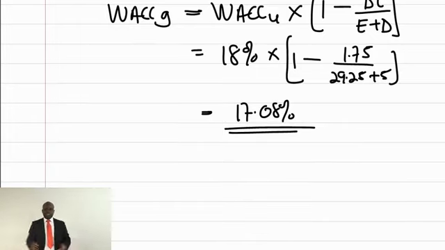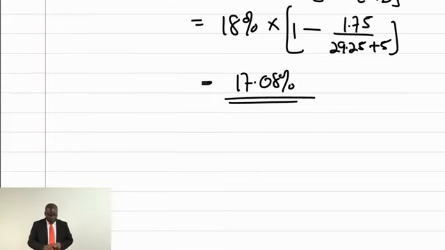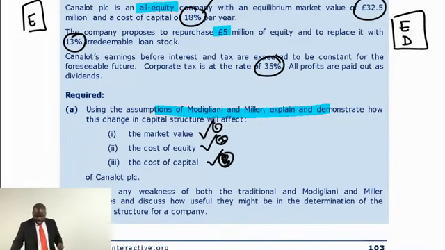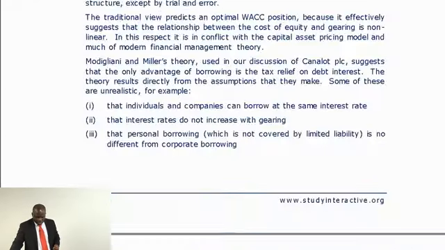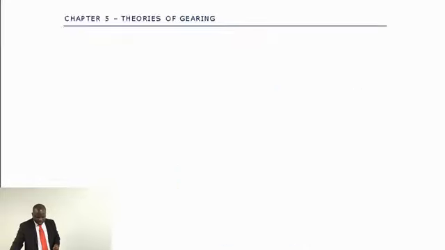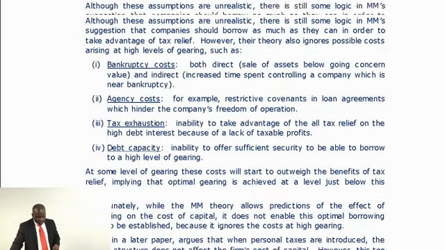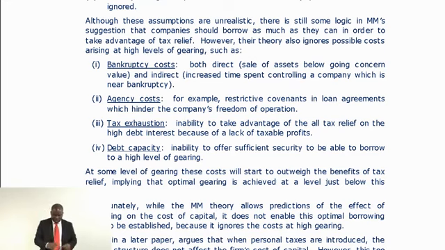So this is how we will calculate using Miller and Modigliani. Obviously, the limitations of Miller and Modigliani are the assumptions, such as bankruptcy costs and all those problems that we know. Okay, so you can have a look at them. That's exactly what we talked about, the limitations of Miller and Modigliani.